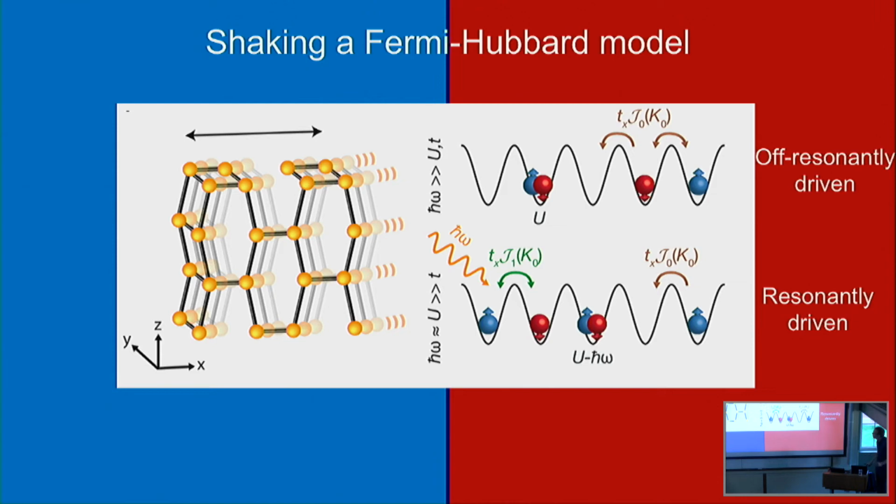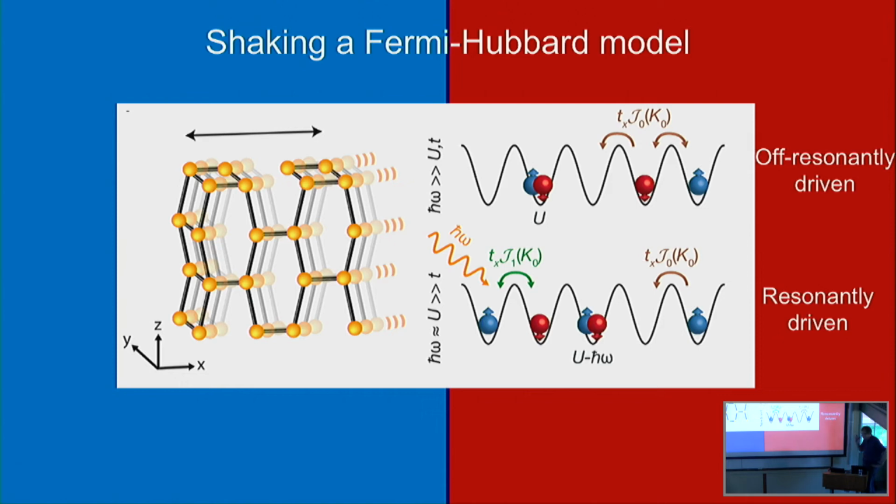Okay, so now let's come to the shaking of the whole Hubbard model. You have your whole coupled Hubbard model, with the same underlying structure, but you have strong coupling on these bonds as well.